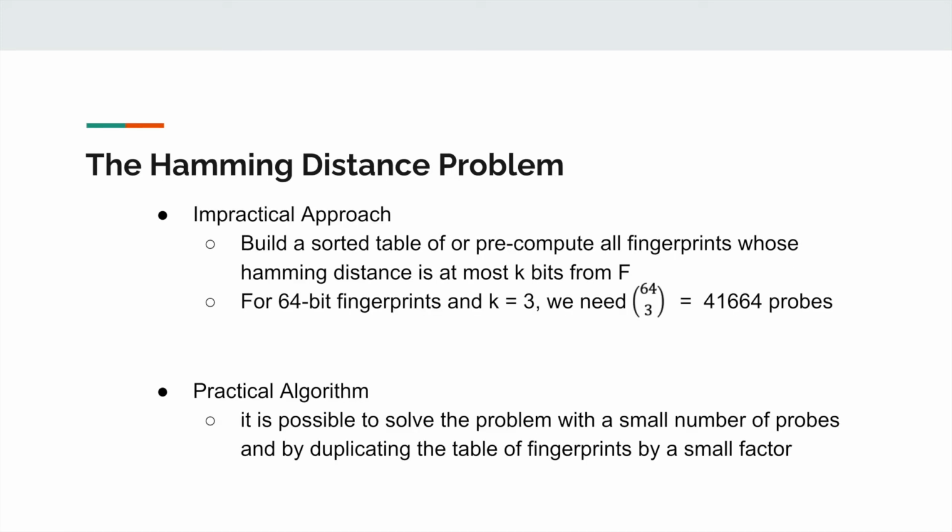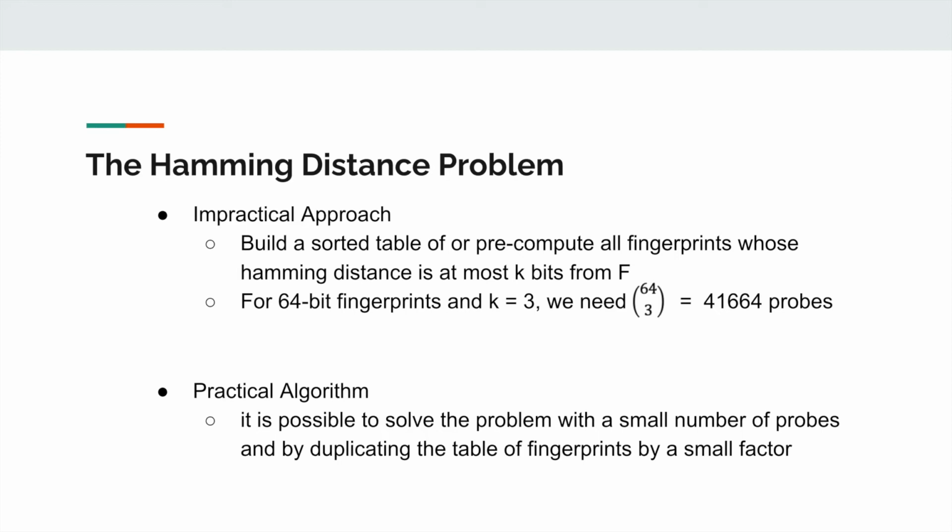A practical approach to the Hamming distance problem is to build a sorted table of, or pre-compute, all fingerprints whose Hamming distance is at most k bits from f. The approach is really time-consuming because the total number of pre-computed fingerprints is prohibitively large.